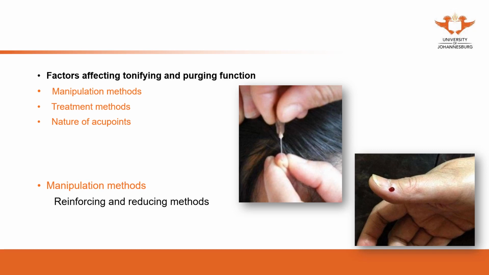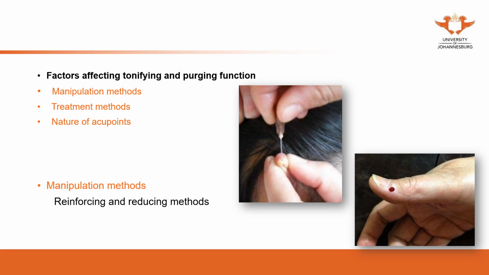These are more focusing on reducing. There are also some points that have two directions of both reinforcing and reducing, such as the stomach 36, liver 2, large intestine 4, spleen 6, pericardium 6.